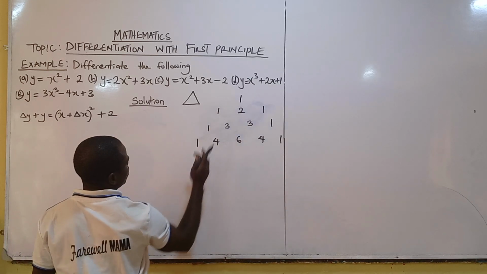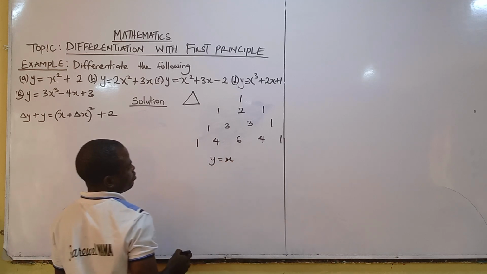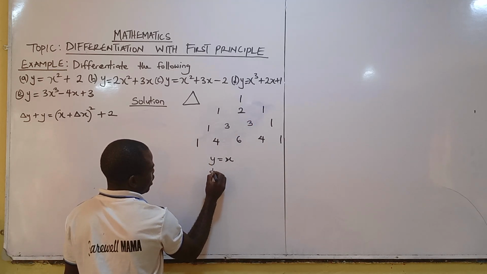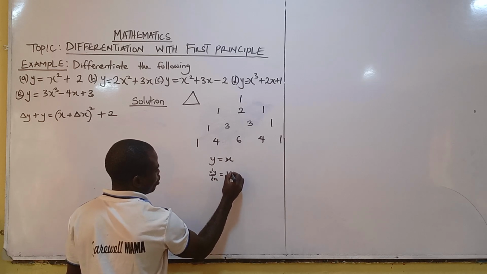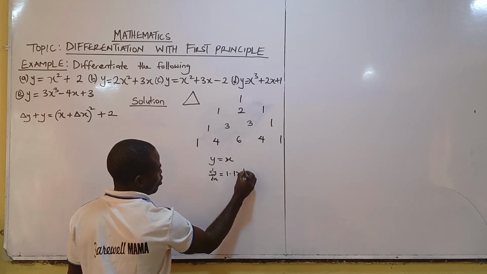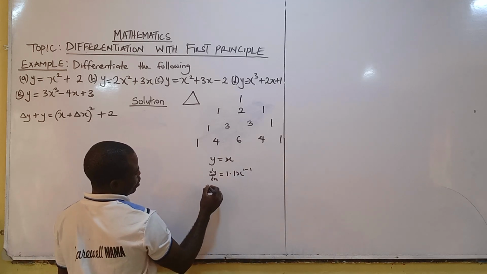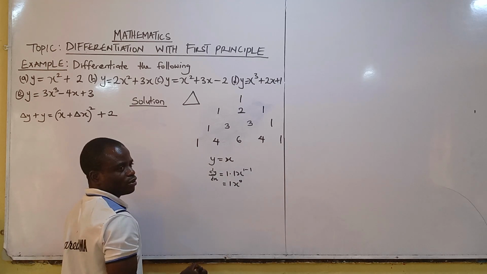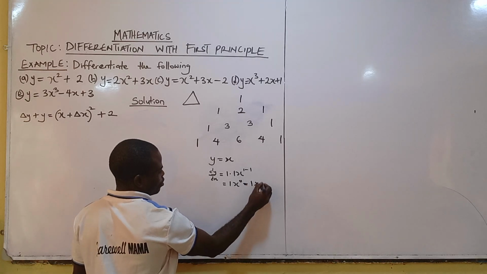If you have something like y equals x, then this applies. dy over dx equals 1 will come to the front, 1 times x to the 1 minus 1, which is x to the 0, which equals 1 times 1.